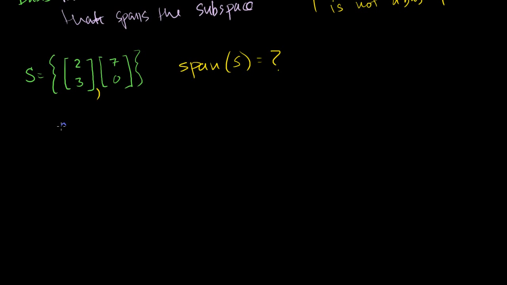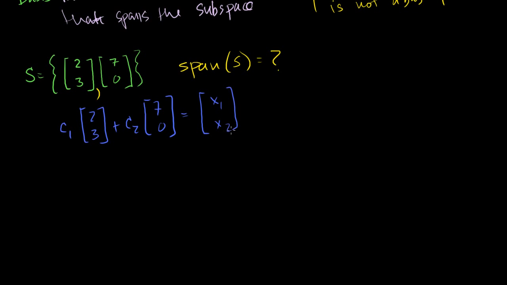So if we have c1 times (2, 3) plus c2 times (7, 0), and it is true that this spans all of R2, then we should always be able to find a c1 and a c2 to construct any point in R2. Let's see if we can show that. So we get 2c1 plus 7c2 is equal to x1. And then we get 3c1 plus 0c2 is equal to x2.